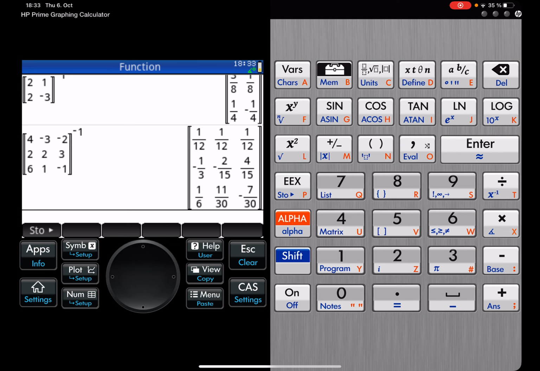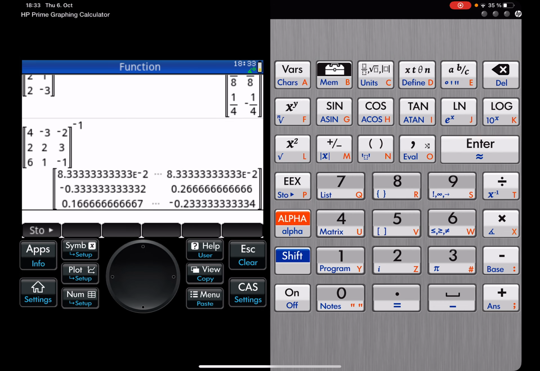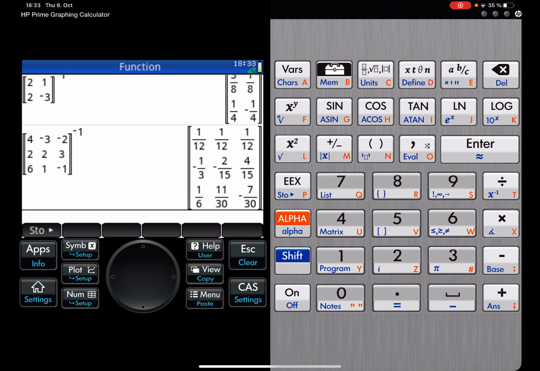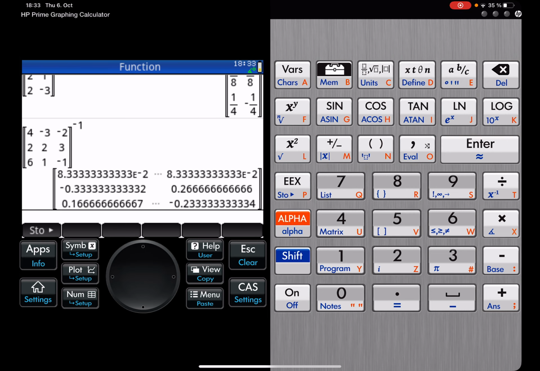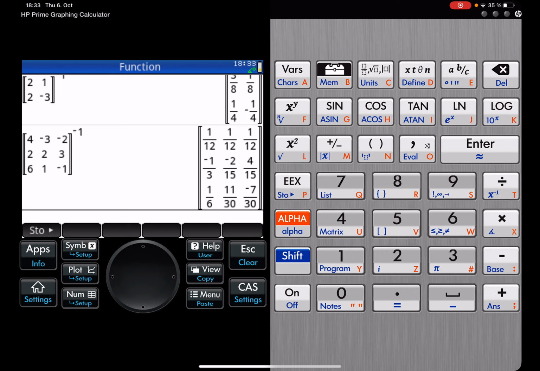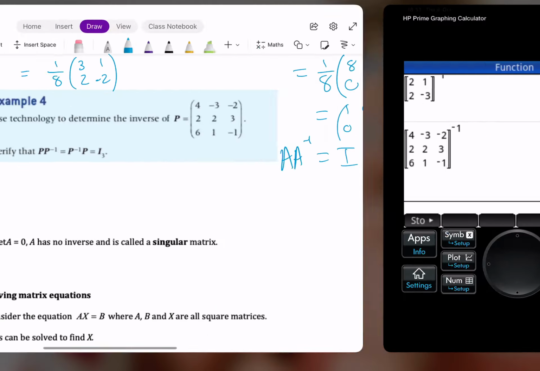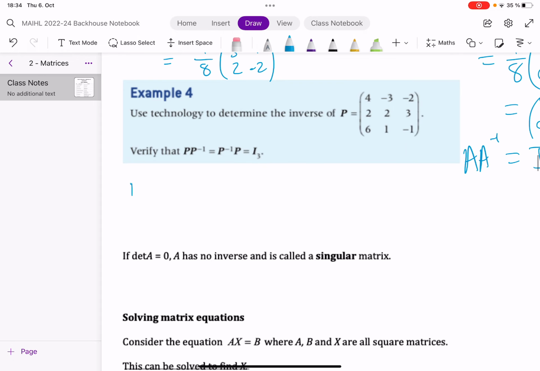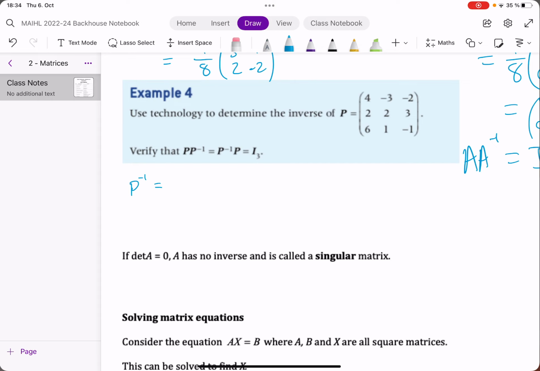It does. So yeah, I'm just pressing this fraction button up the top, and it's switching between decimals and fractions. Yeah, I'm not sure what the difference between the second and third is, but there we go. So P negative 1 equals, okay, we've got 12ths all across the top.